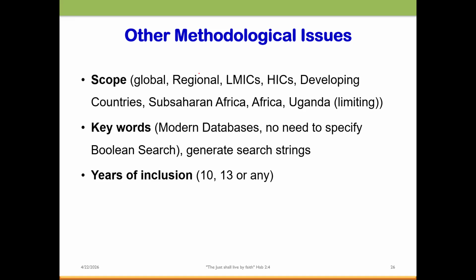So there are other methodological issues, for example, the scope. So you might ask yourself, how big should a scoping review be? When I was doing a scoping review for my PhD work, I wanted to look at mobile health interventions that have been used in public-private mix in TB care.